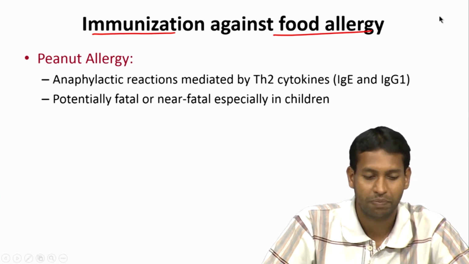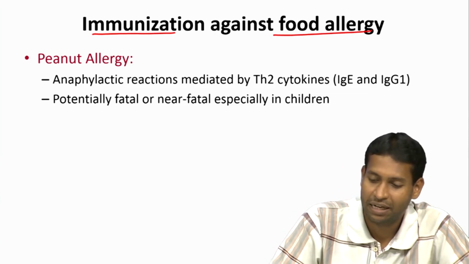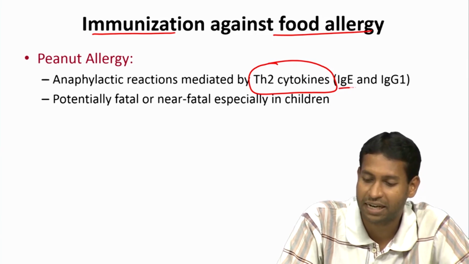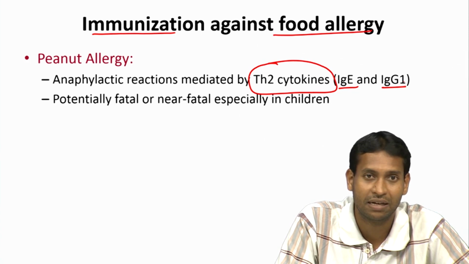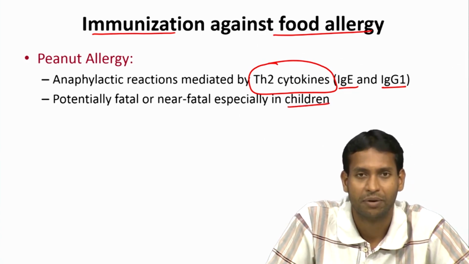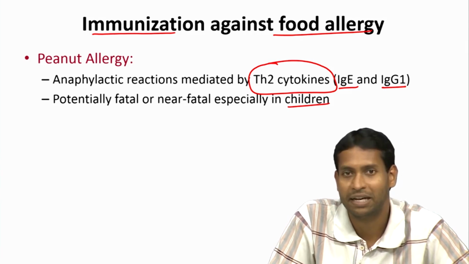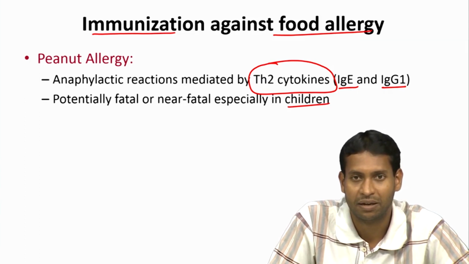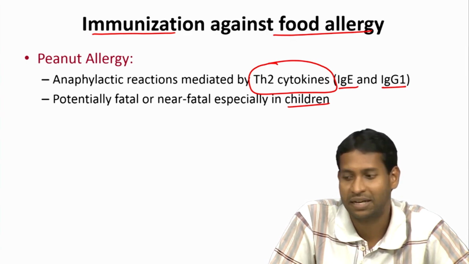Peanut allergies cause anaphylactic reactions, and that is because you get this Th2 based cytokine immune response, which results in IgE and IgG1, and this is potentially fatal or near fatal, especially in children, because a lot of the time these babies and children are given food that may contain peanut without knowing that they may have allergies, and it may then result in quite a bit of immune response, and they may not be close to a hospital setting, and sometimes that even causes death, unfortunately.